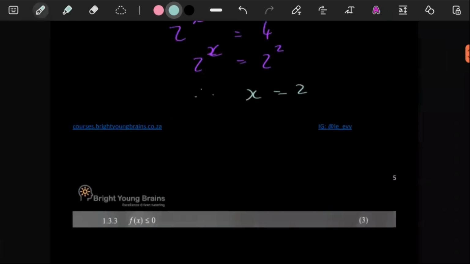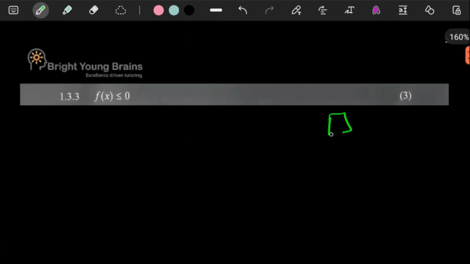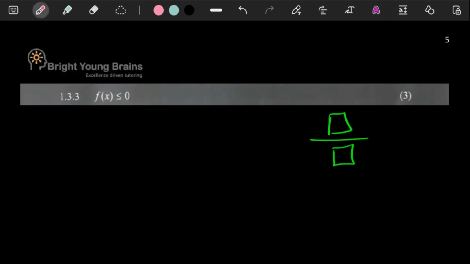Okay, the next one. They're asking us where f of x is below 0. This is an interesting one, because for your expression to be smaller than 0, as in for this number to be a negative value, the top needs to be a plus while the bottom is a negative, or the top needs to be a minus while the bottom is a plus.